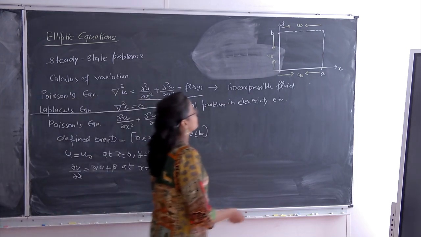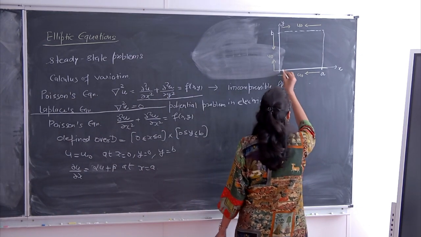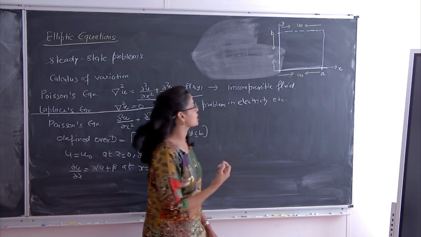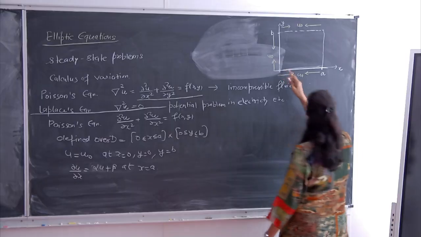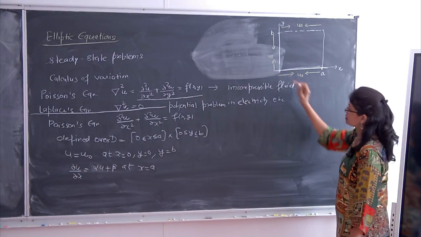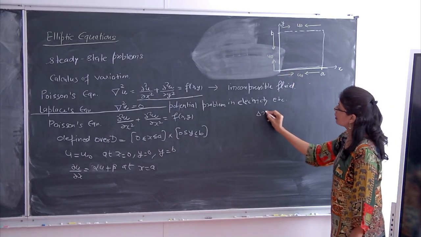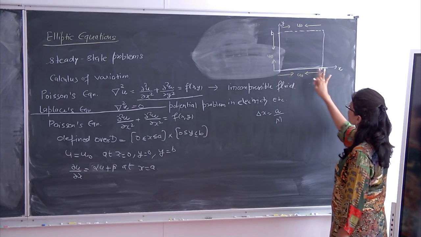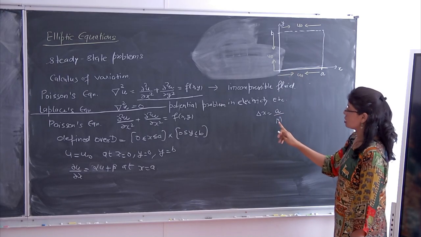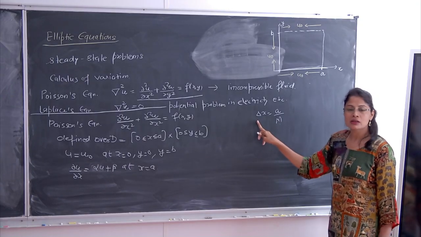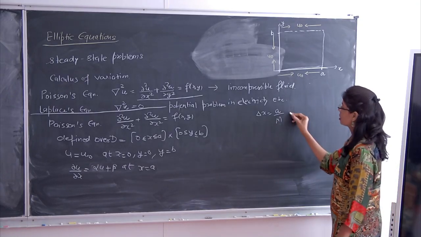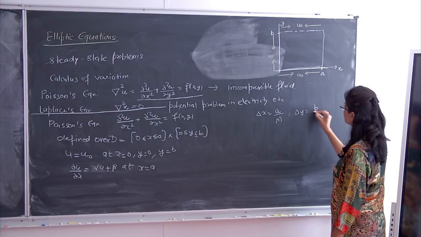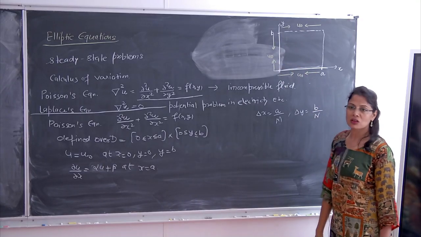When we are doing the finite difference method, we know that we have to divide our domain into uniform grid points. So, what I will do here is, let the total length in the x direction be a, and let me take delta x as a by m. I am dividing this whole length into m equal parts, and this is my step size or grid size. Similarly, for delta y, this length is b, and let us divide it into n equal parts.